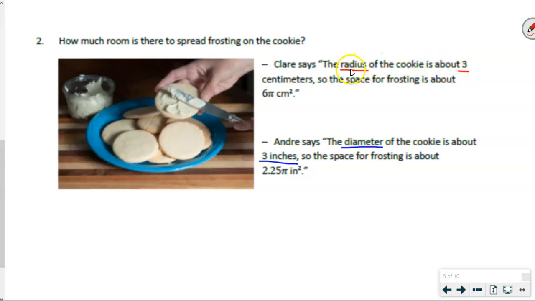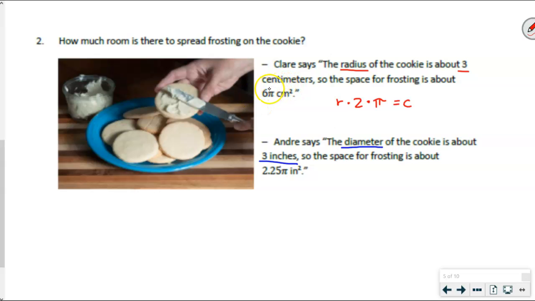Nope, circumference, or sorry, I gave away the answer. Radius multiplied by 2, then multiplied by pi, that's circumference, right? So did she calculate the area correctly? No. So I agree, we can't agree with Claire because she did the radius multiplied by 2 instead of the radius squared. Carter?